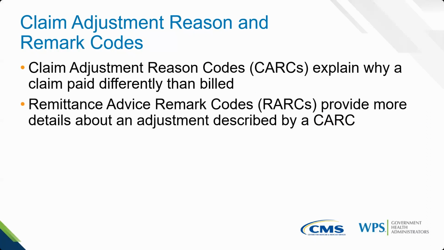Those CARCs will appear on that remittance advice. Remittance advice remark codes, or RARCs, as we sometimes call them, provide more details about an adjustment that's described by a claim adjustment reason code. So they provide further details.